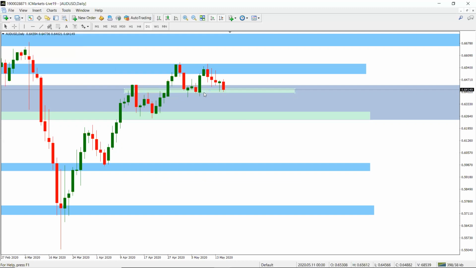Apart from the fact that we could be having a double top, where the last higher low has now been established as the neckline, we also have the upper zone of the daily time frame, which could be the area where price is going to end the exhaustion, the weekly time frame exhaustion.